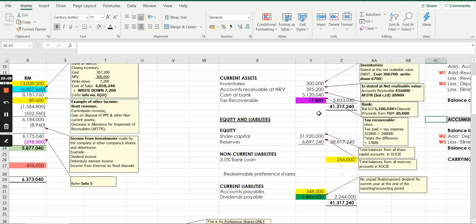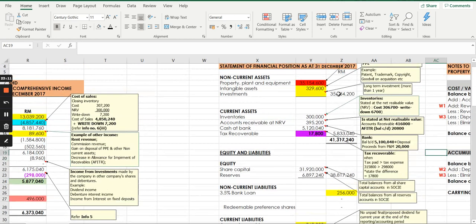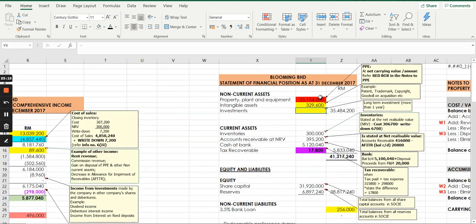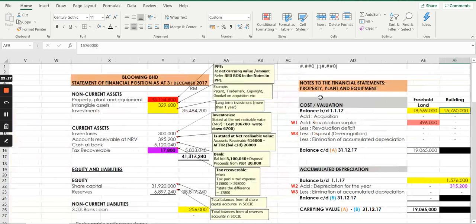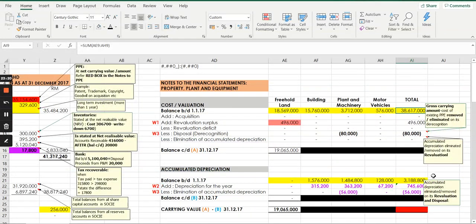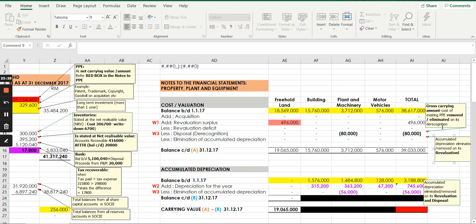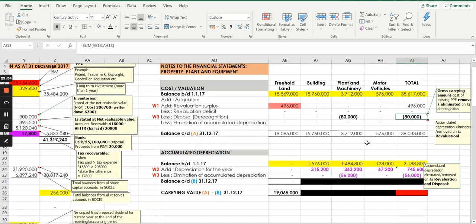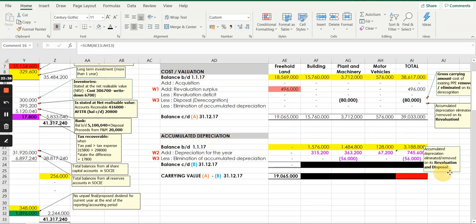So 41,317,240. For this figure here, there are no investments that we have. If you check here, the balance for the total is the balance coming from the cost. And then go and see that I've already done the adjustment for the derecognition. The same thing here as well.